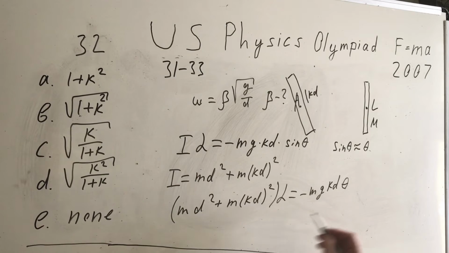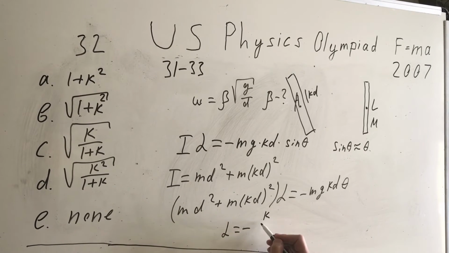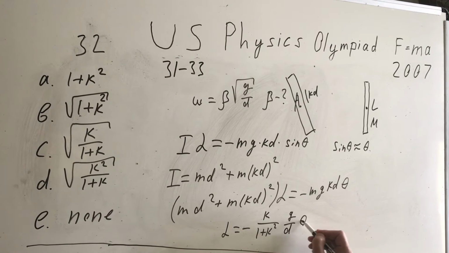This part we can move to the right, and we have alpha equal to negative k over 1 plus k square, g over d, theta. If you look at this equation, that's exactly the equation for a small harmonic oscillation.